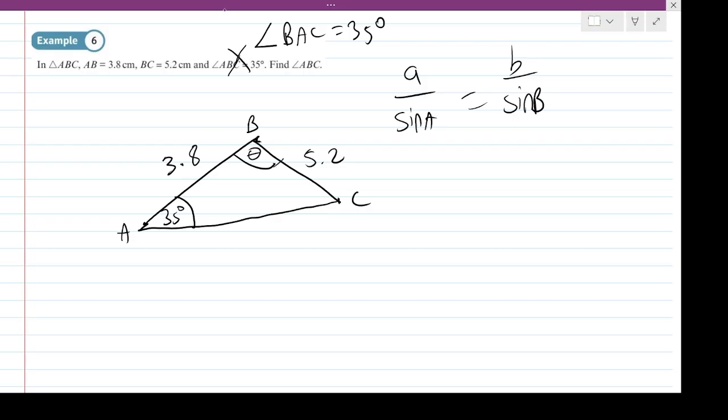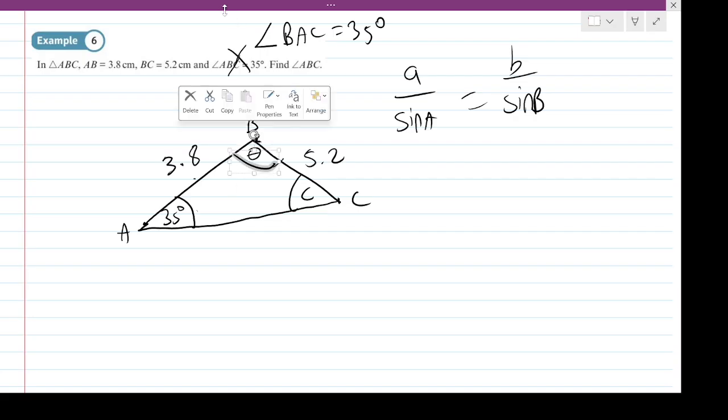And this is where the idea of opposite angles is crucial, because the side facing 35 here is 5.2. Cool. But the side facing 3.8, the other side we know, that's actually facing this angle here. That's angle C. I'll call that angle C. Not this angle theta that we want.